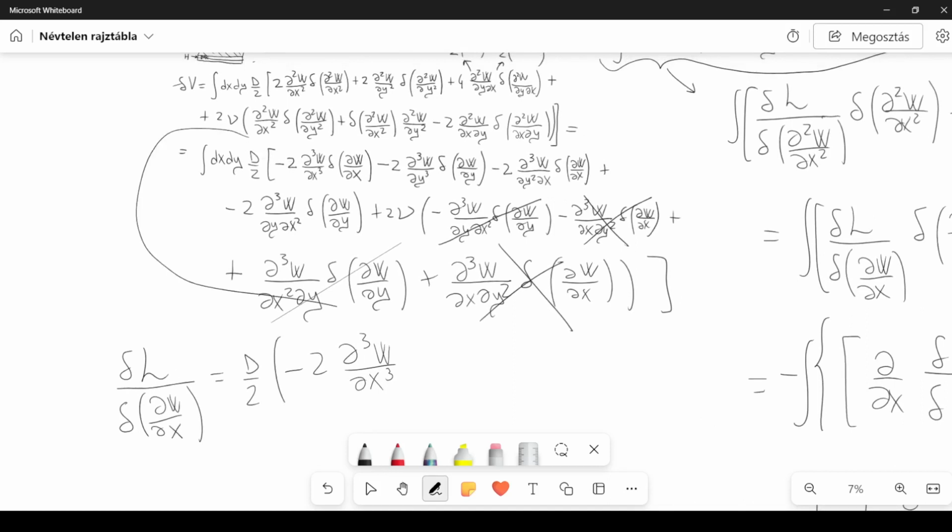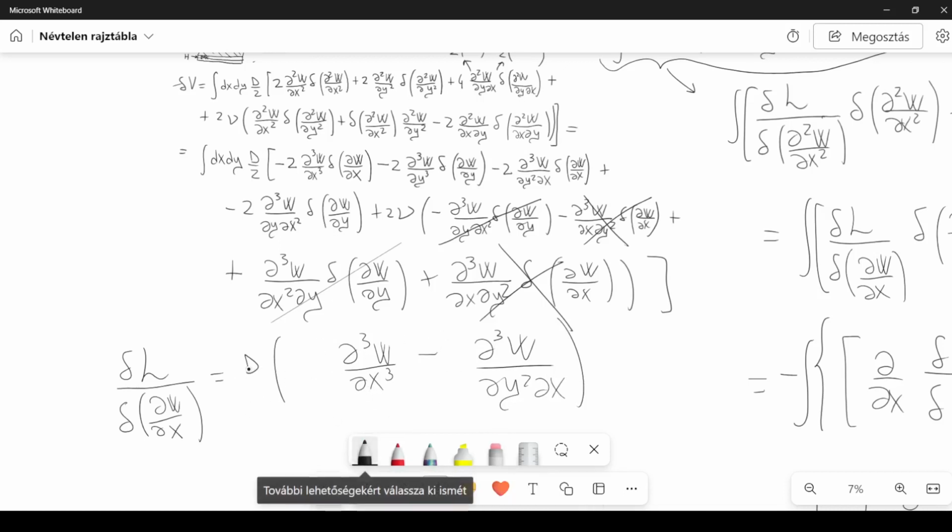So we have to look at the second expression, and we have this first term because it multiplies this delta, so when we divide by delta we have this, but since dw dy is independent of dw dx, we don't get anything from this, but we do get something from this, so we get minus 2 d cubed w dy squared dx. So we can simplify by 2, and we can put the minus sign outside like this.